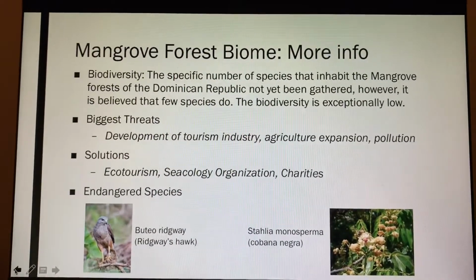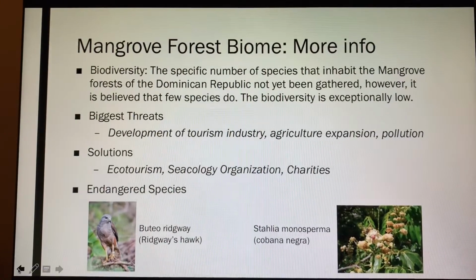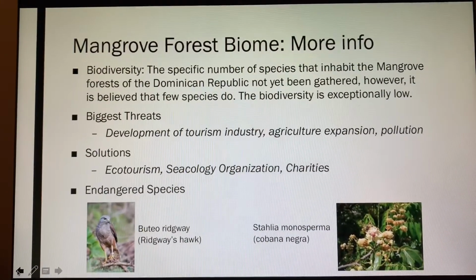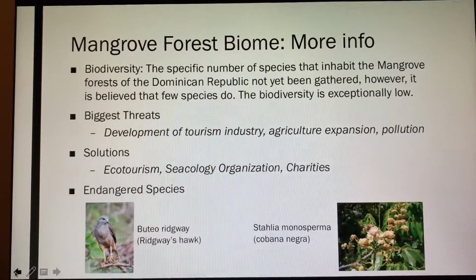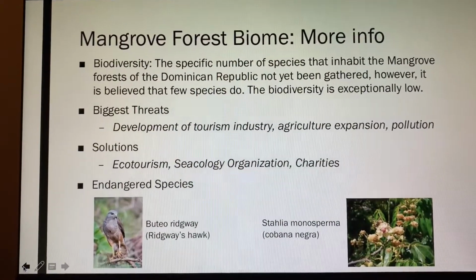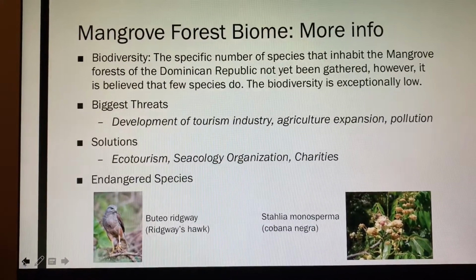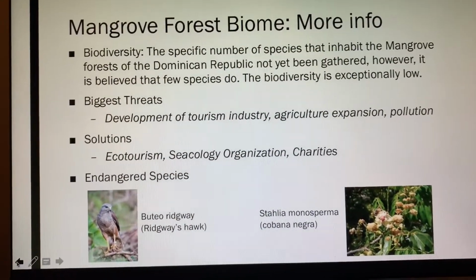So ecotourism is organizations that will have tourist activities, such as a walk through the mangrove forest that doesn't really affect it in a harming way, but allows people to see the importance of this biome.